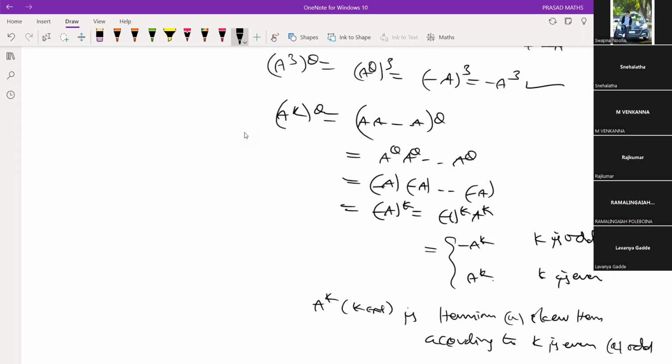If k is even, it is Hermitian. Suppose A square, k is even, so Hermitian. A cube, skew Hermitian. A power 4, Hermitian. A power 5, skew Hermitian. Is it clear? Hello?